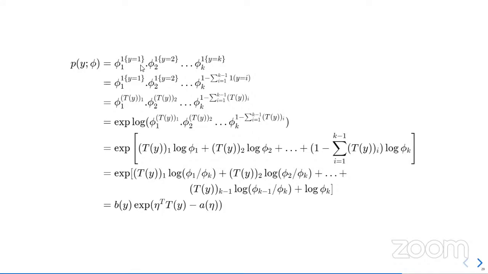Now it's just mathematical manipulations here and there to bring it into the last form. If you do these manipulations, it's very easy.